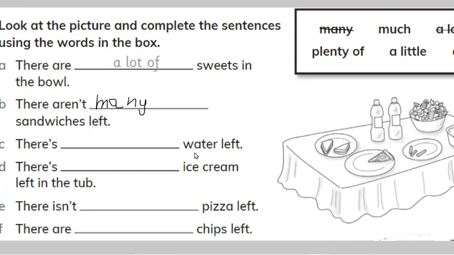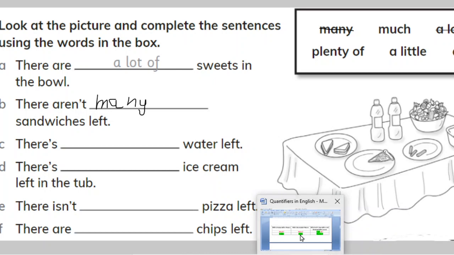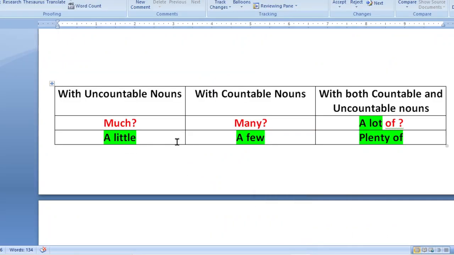There's dash water left. So it is a positive one. They are not saying aren't or is not or anything. It's a positive one and it is uncountable. So which one will it be? It's positive, so it's green, and it is uncountable. So it can be a little or it can be a lot, plenty of.